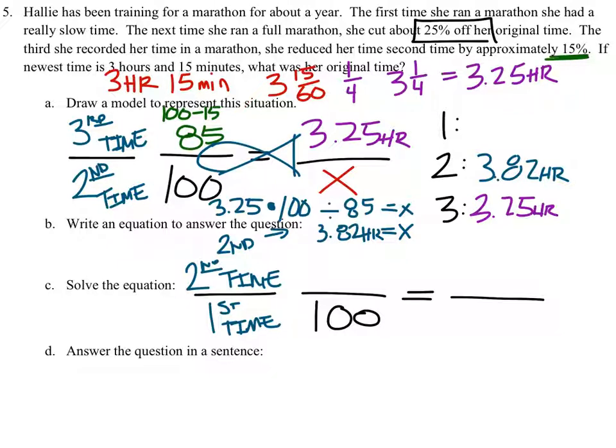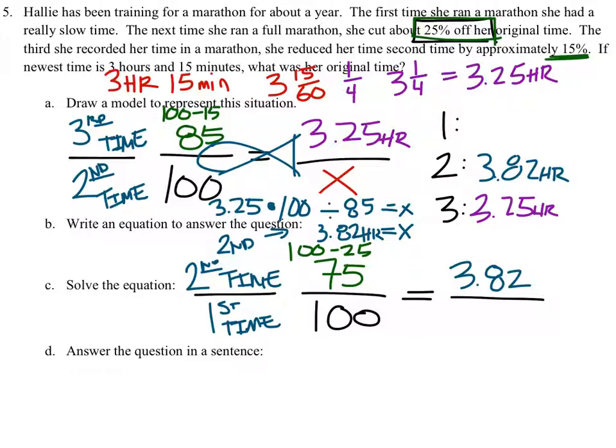Well, we can see that the first time she cut off 25% off the original. So it would be 75%, right, that's 100%, but off 25% of those. So 75%. Then it tells us, and we saw that the second time was the 3.82 hours.